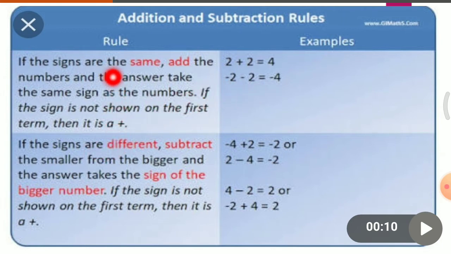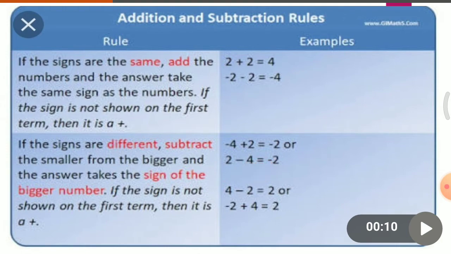This is the rule of addition. And in the case of subtraction, if the signs are different, subtract the smaller from the bigger and the answer takes the sign of the bigger number. If the sign is not shown on the first term, then it is already plus. Suppose minus 4 plus 2 is equal to minus 2 and 2 minus 4 is equal to minus 2.